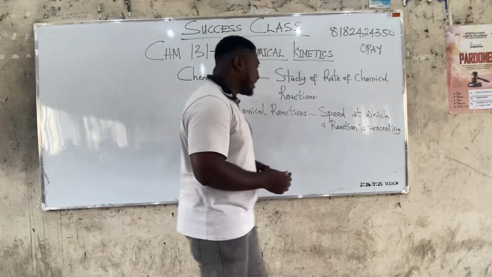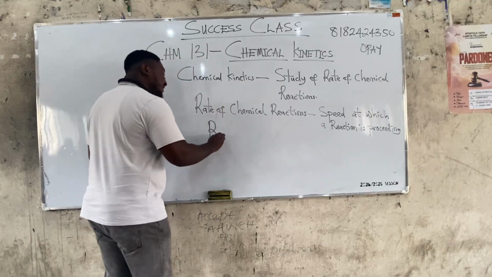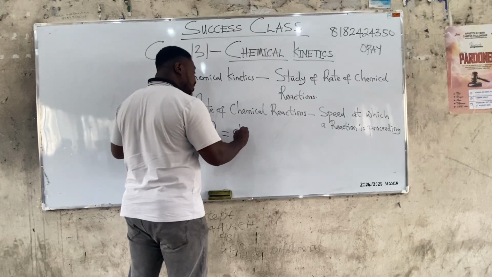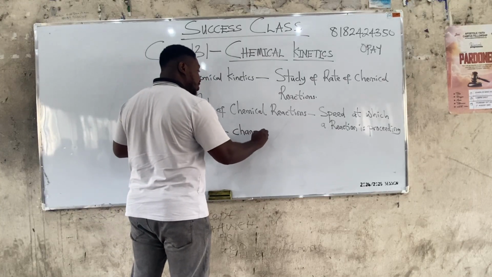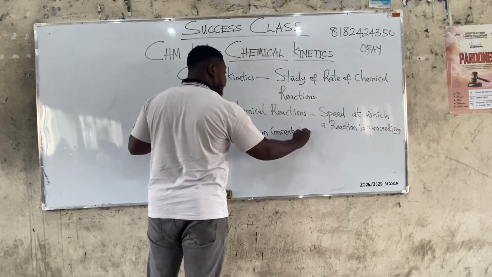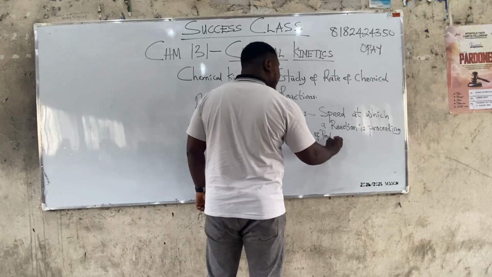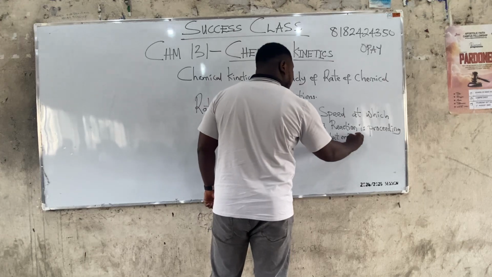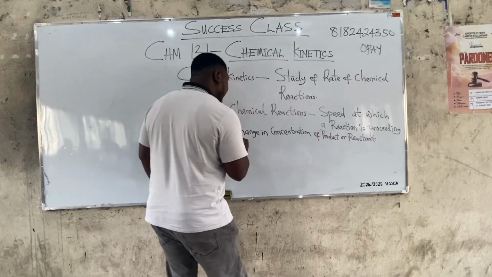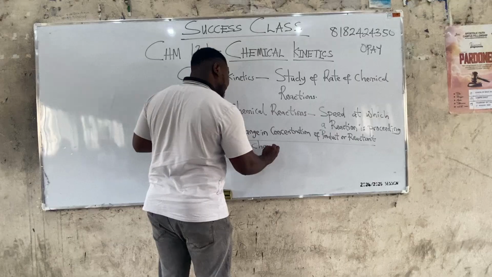So if you are asked to calculate how fast or slow a reaction is proceeding, mathematically, the rate of chemical reaction, R, is the ratio of the change in concentration of product or reactant divided by change in time. Change in what? Time.